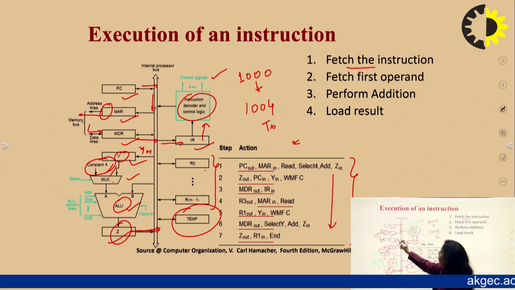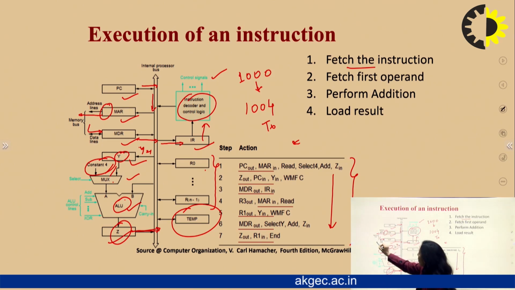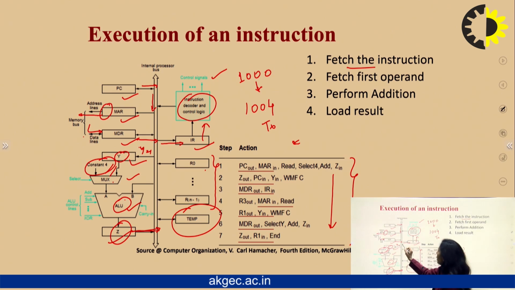Now, come to the previous process. By the time the value of the memory address register moves to the memory bus, it gives the value to the memory data register. The memory data register will give the value to the bus, and via this bus, it will move towards the instruction register.